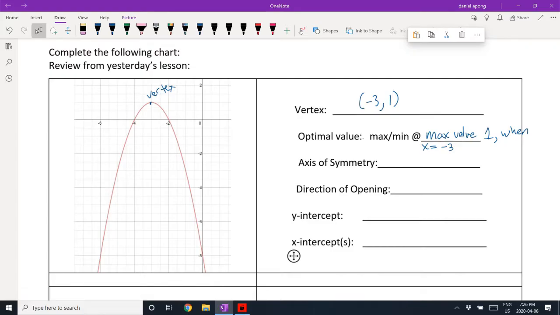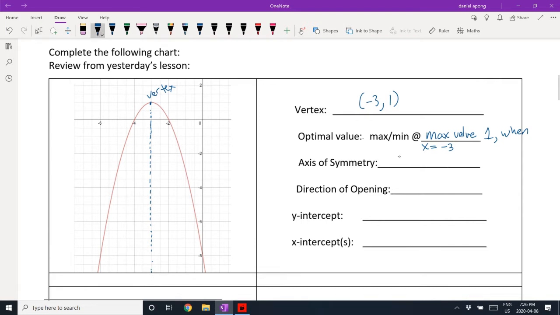Next, let's find the axis of symmetry. Remember, the axis of symmetry is a vertical line dividing the parabola into two parts, each which is a mirror image of the other. The axis of symmetry always runs through the vertex. So it'll be this vertical line right here. The way we state the axis of symmetry is with an equation.